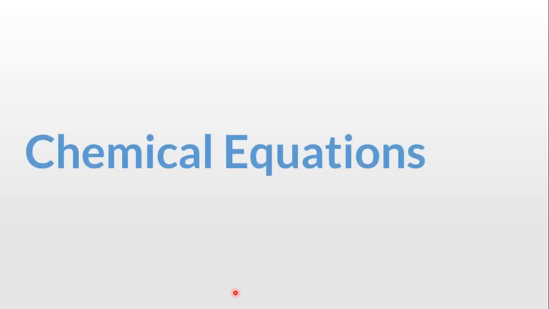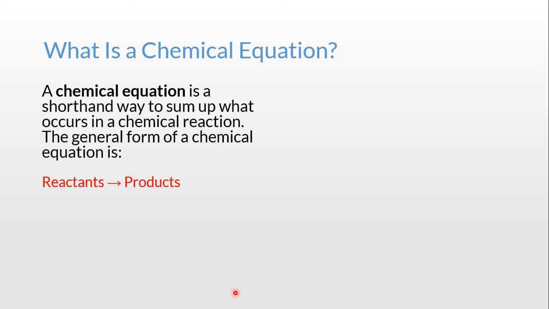Chemical equations. We have to know the formulas. If we are asked to write a chemical equation, what's a chemical equation? Basically, a chemical equation is a shorthand way to sum up what occurs in a chemical reaction. If we are chemically combining two or more compounds, we are forming a reaction.